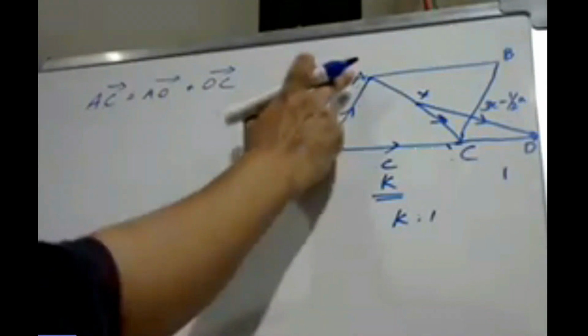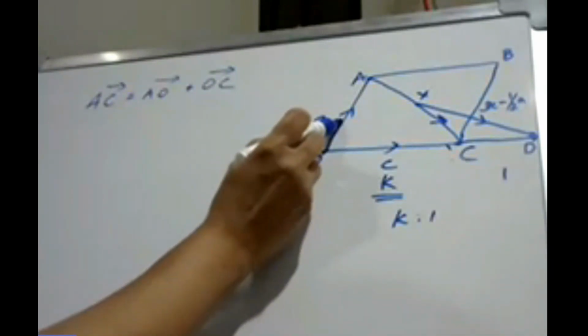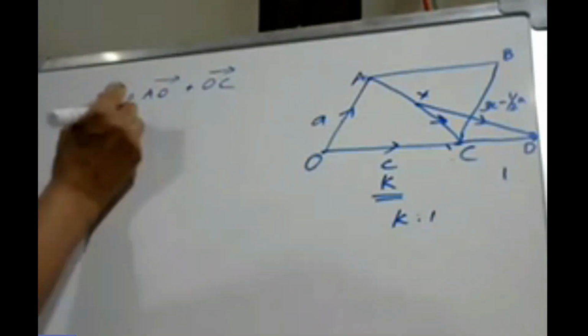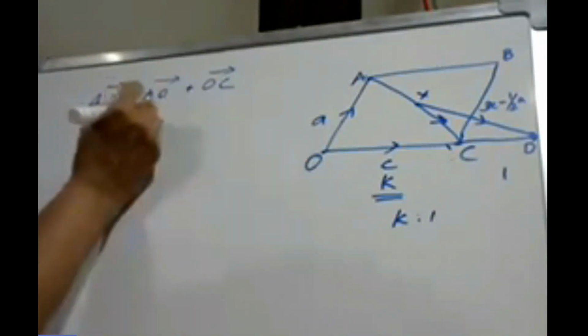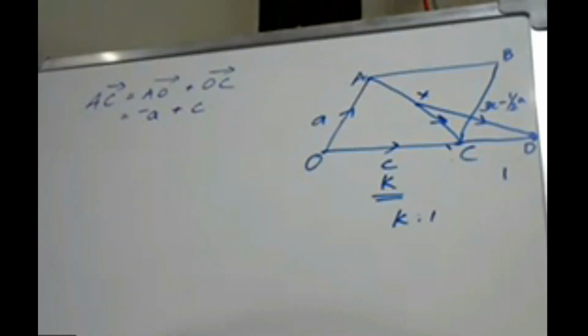But the direction of A is in the opposite direction, so I have to put a negative sign. So this is equal to negative A plus C. Okay, so we got AC.